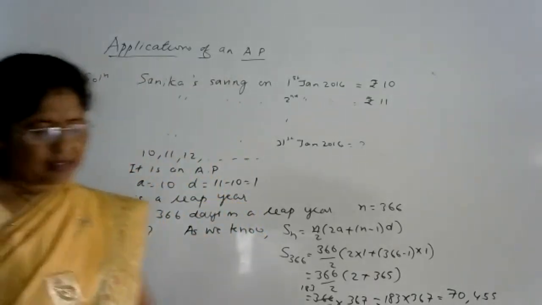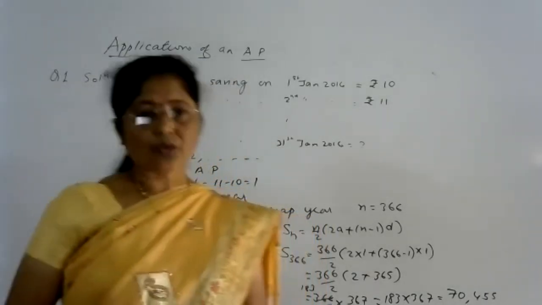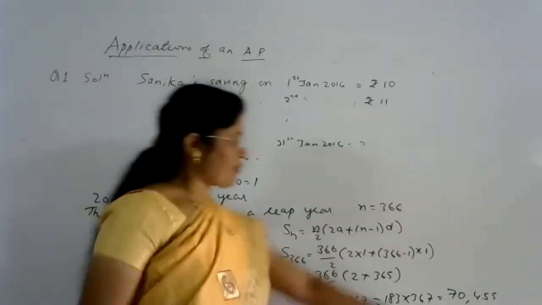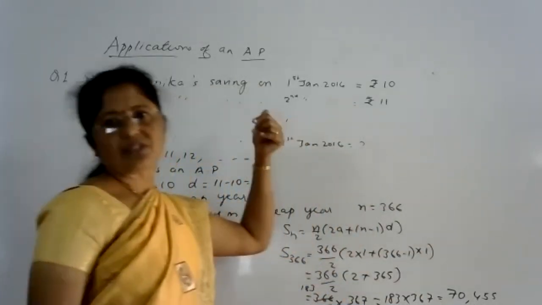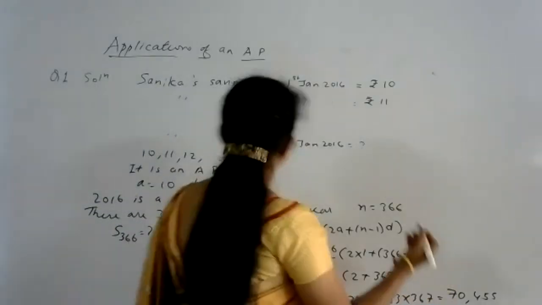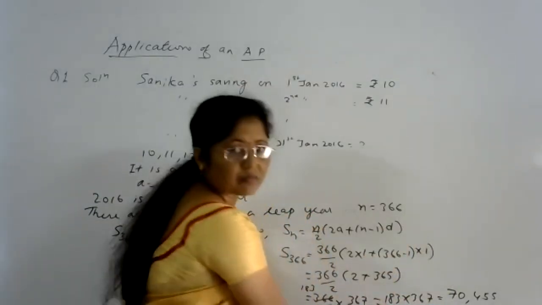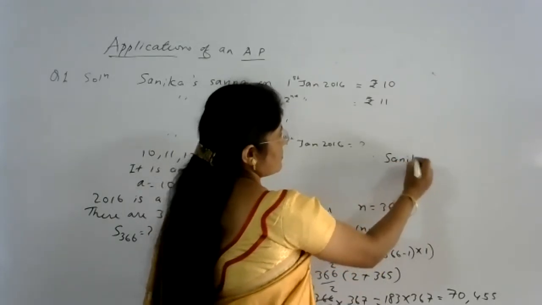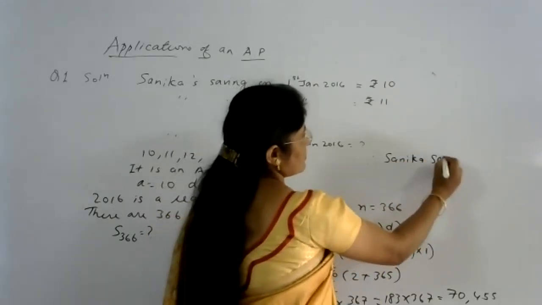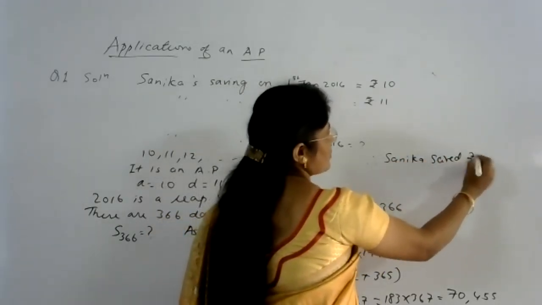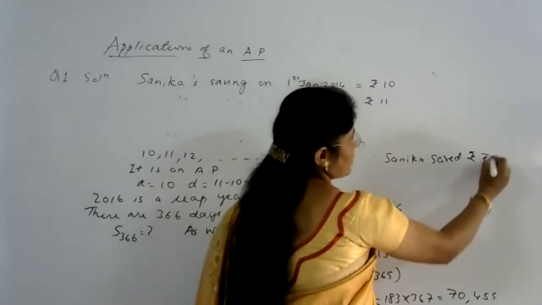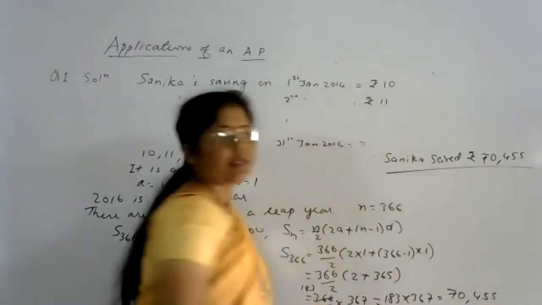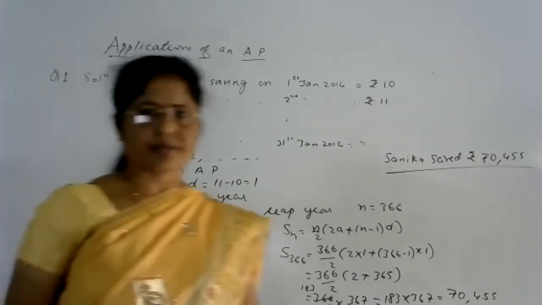Now, the last sentence. So, Sanika saved rupees 70,455 in the year 2016.